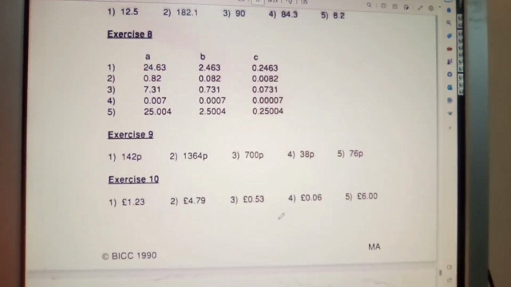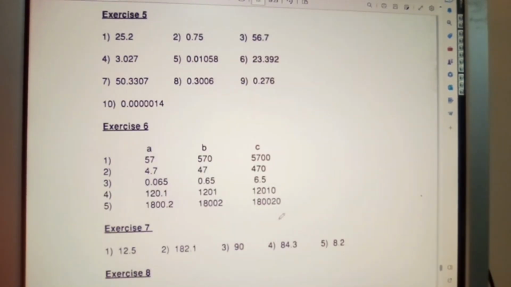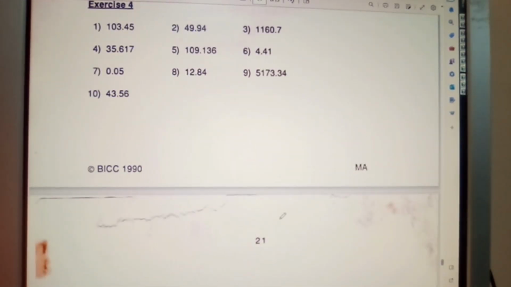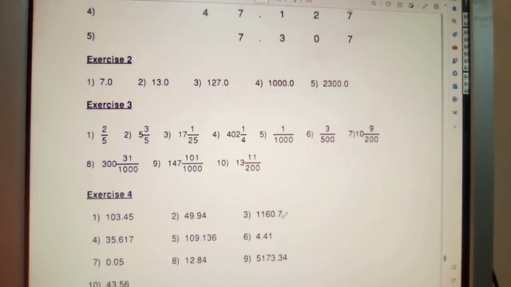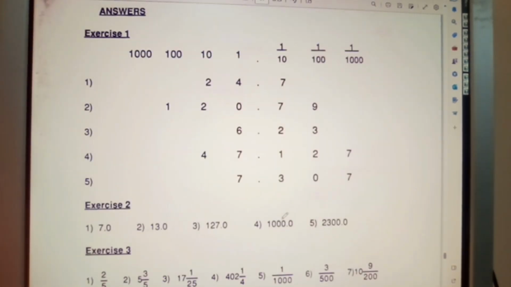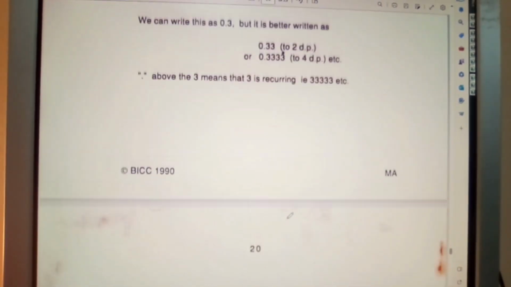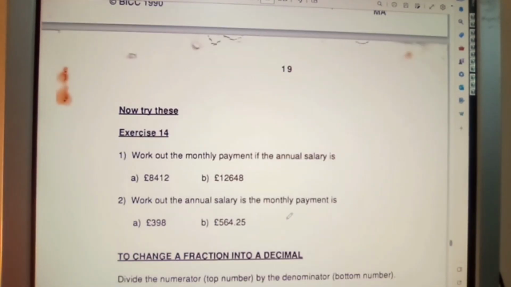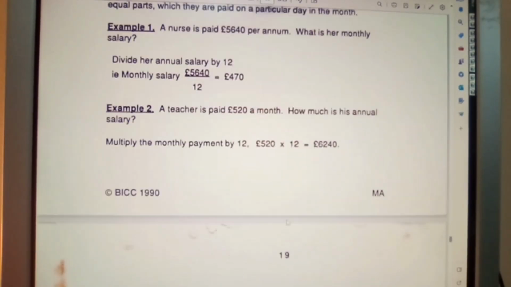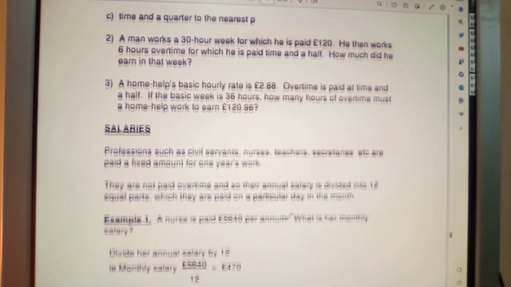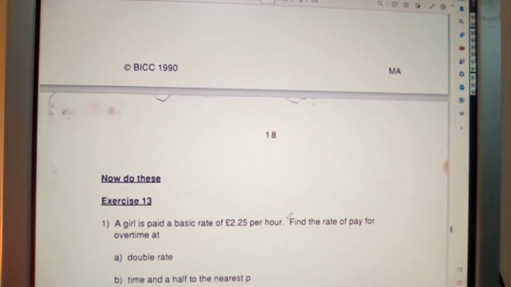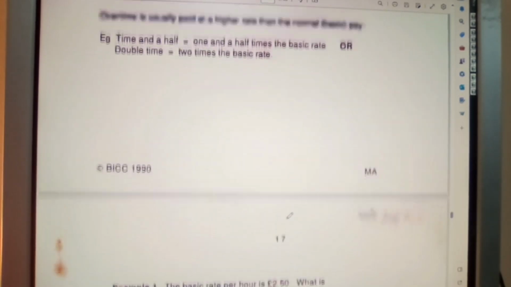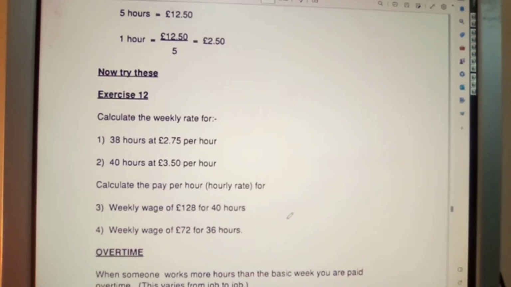Okay, looks like everything is in frame.